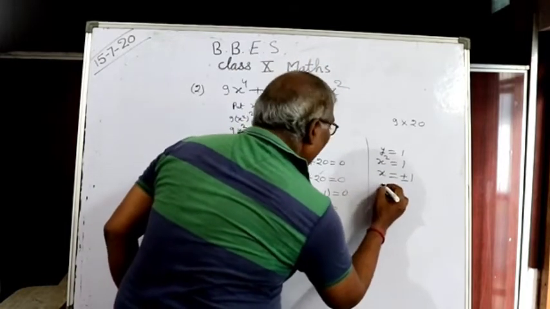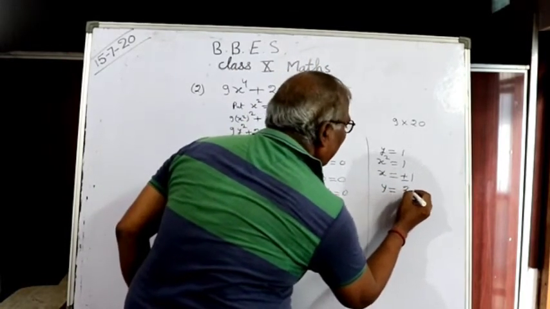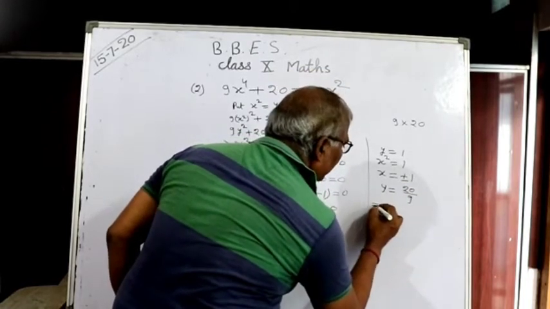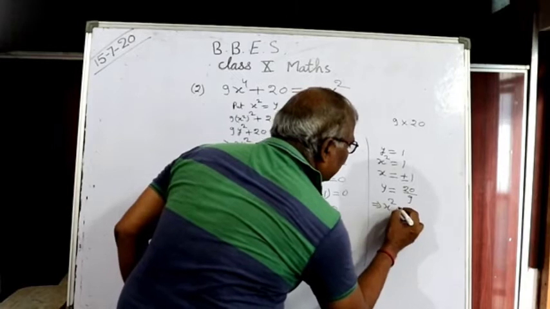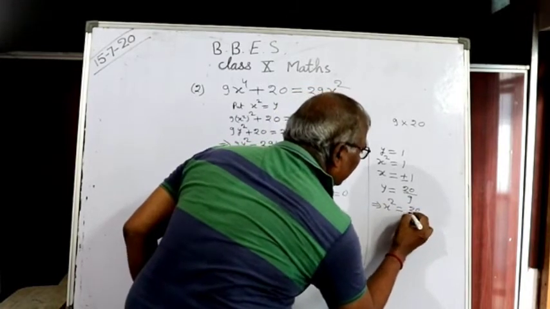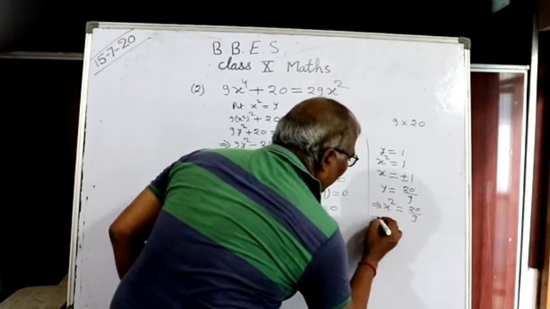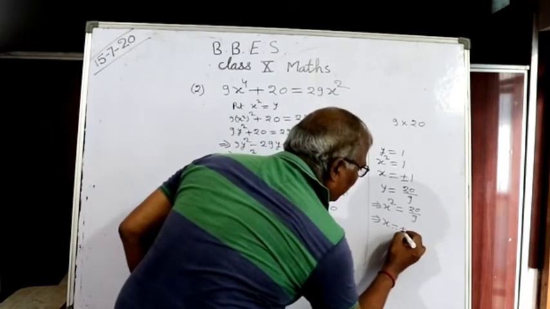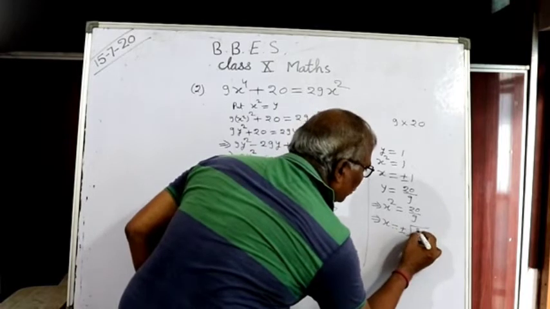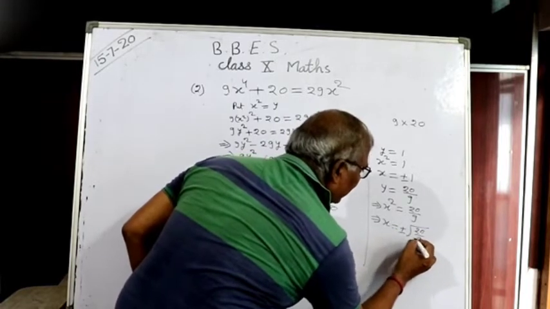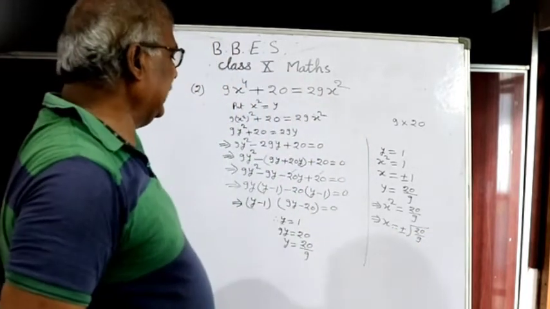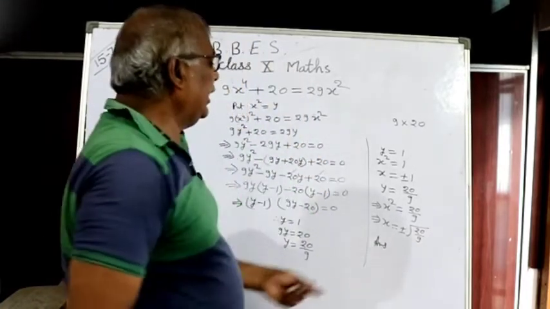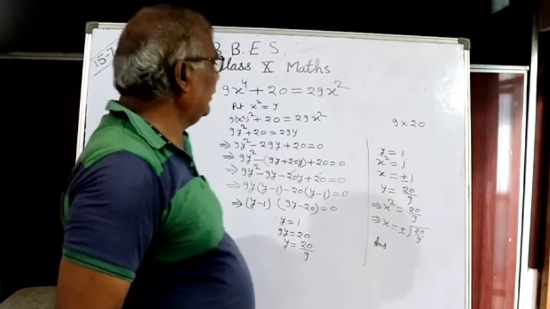Now second, y is equal to 20 by 9. Put here x square is equal to 20 upon 9. Remove the square sign and make under root. x is equal to plus minus under root 20 by 9. This is the answer. There are two roots here and two roots here.